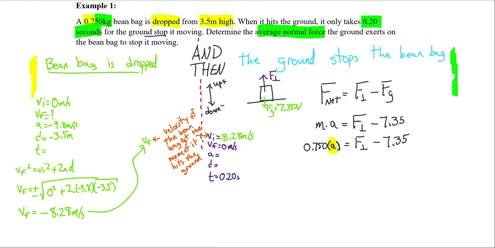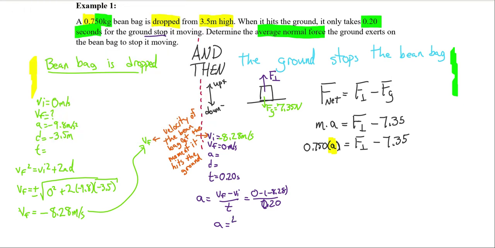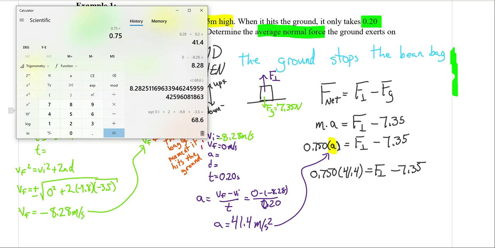Well, that means we have all the things that we need to find the acceleration, because acceleration follows the formula of Vf minus Vi all divided by t. And we see our acceleration is positive 41.4 meters per second squared. And this can now be substituted into my net force equation, and that will allow me to solve for the normal force.